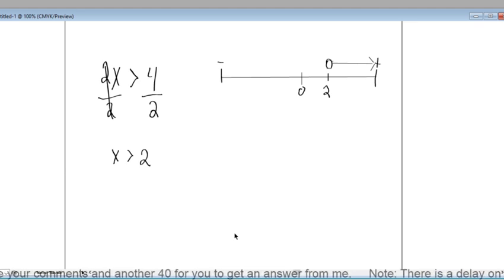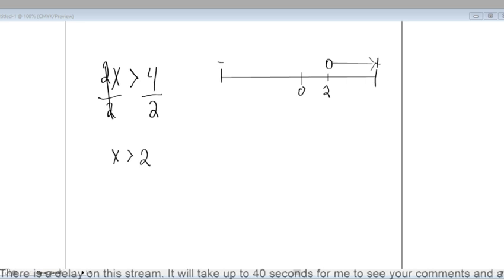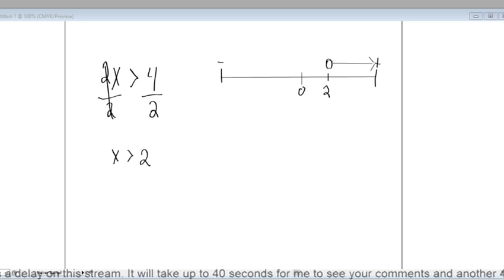So this is how you would see this on a graph. Now again, what this is showing us is that, yes, our solutions start at 2. It doesn't include 2, though, because we can't have 2 be one of our answers for x. It just doesn't make sense to say that. Again, if we plugged in 2 here, 2 times 2 is 4. 4 is greater than 4?